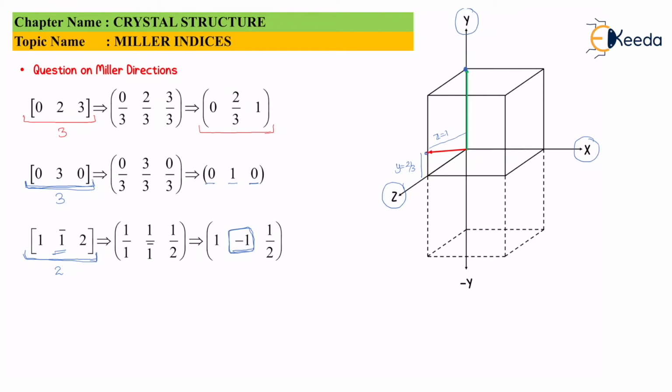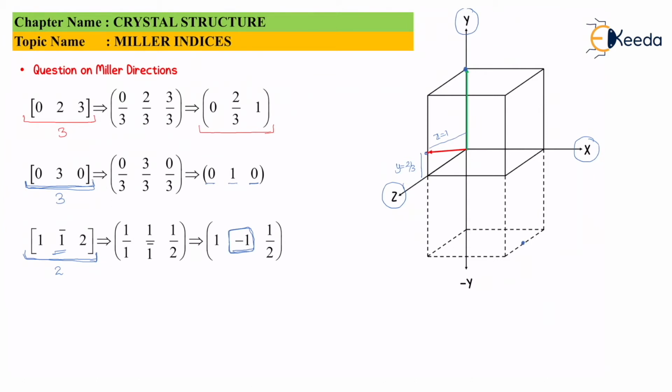Now, here you can surely plot -1 in the y direction, and this value would be somewhere here. As you can see, x is 1, so on the x coordinate we'll be moving 1 unit, and on the y coordinate we would be moving -1, which is downside, and on z we have 1 by 2, so the value would be somewhere like here.